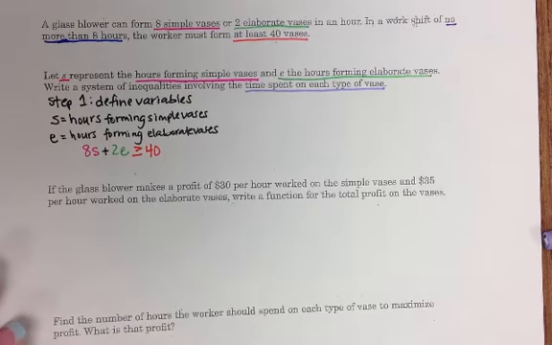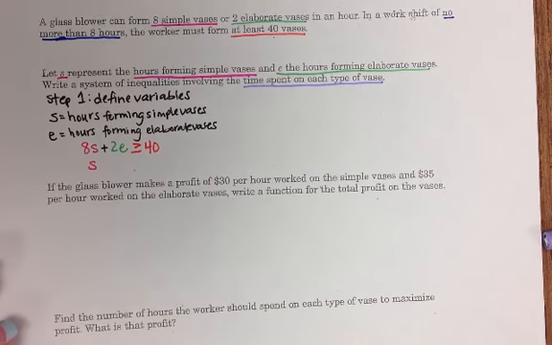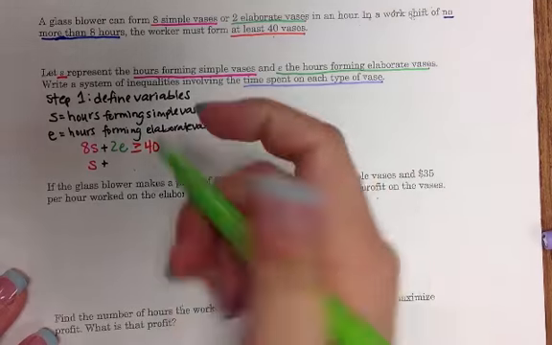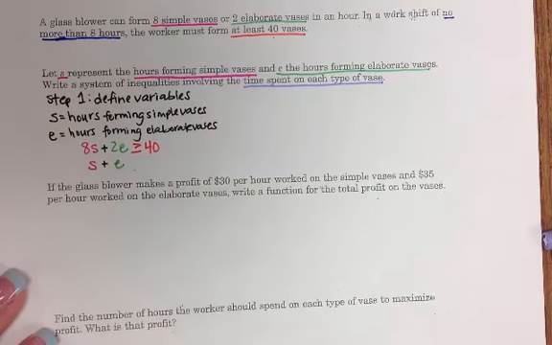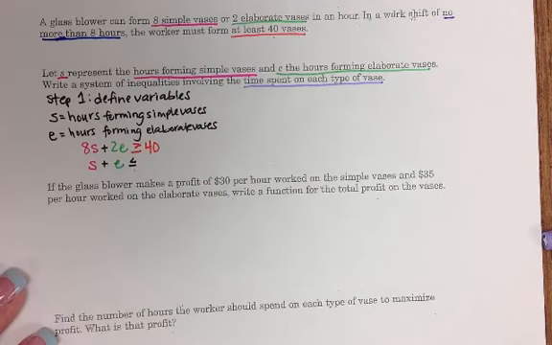Then we also have the number of hours spent forming simple plus the number of hours spent forming elaborate can be no more than, so less than or equal to, only 8 hours.